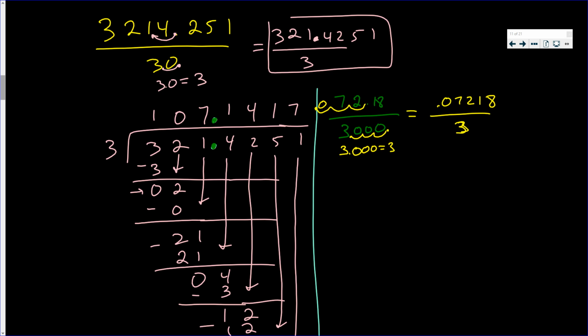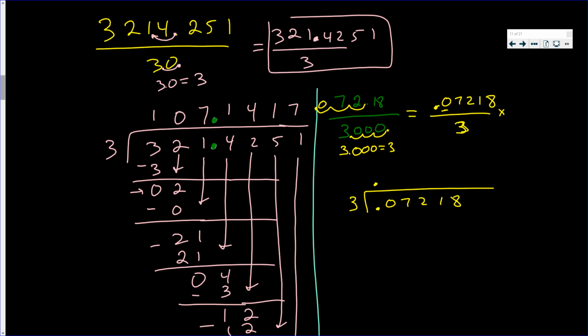So this is the division we're doing. 3 into 0.07218. Now, when the decimal is at the beginning, you really need to put it. That's the only time when you don't have to put the decimal in.